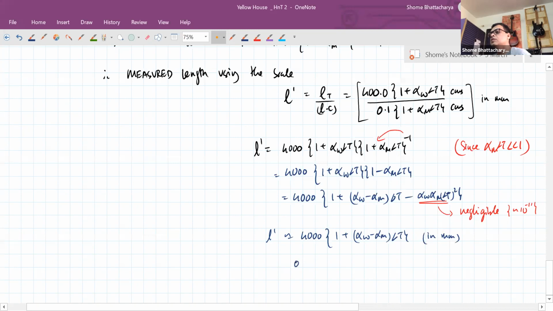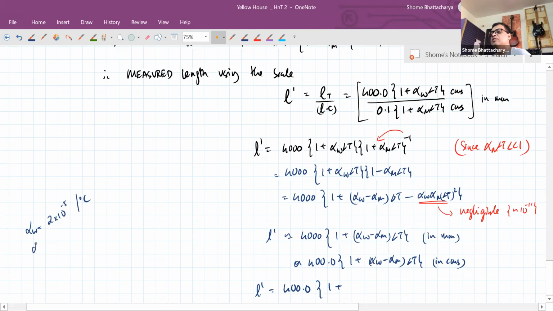Or we can say in centimeters, L prime becomes 1 plus... Now remember, alpha of wood was 2 into 10 raised power minus 5 per degree C, and alpha of metal was 8 into 10 raised power minus 6 per degree C. Or we can write this as 0.8 into 10 raised power minus 5 per degree C. So we'll write this as 2 minus 0.8 into 10 raised power minus 5 into the temperature difference, which is 40, in centimeters. This is what the length will become.